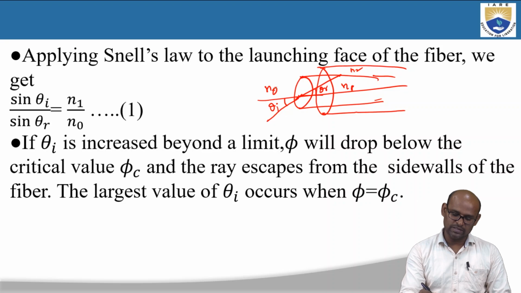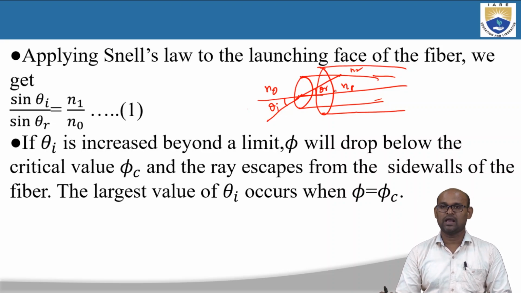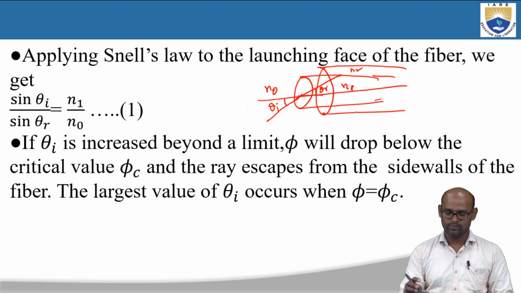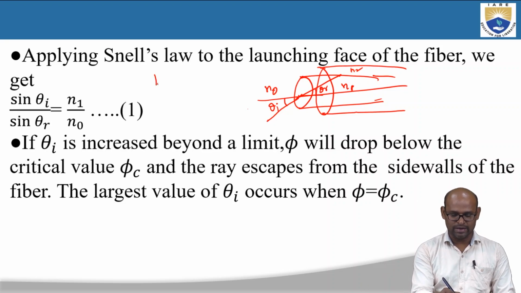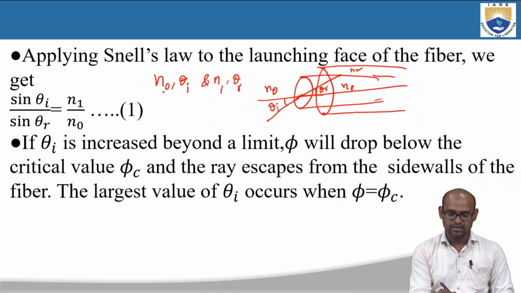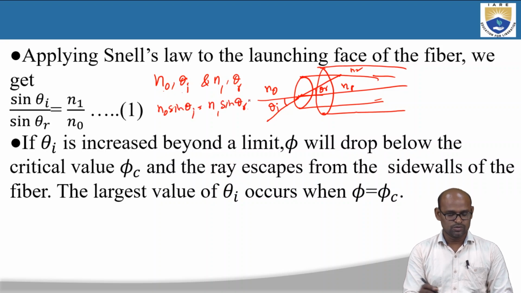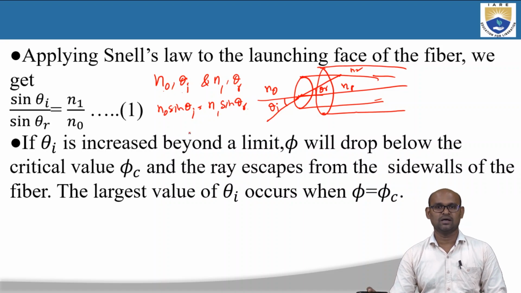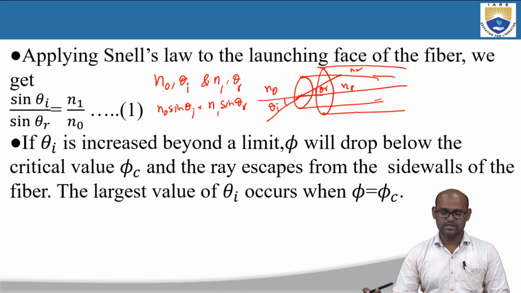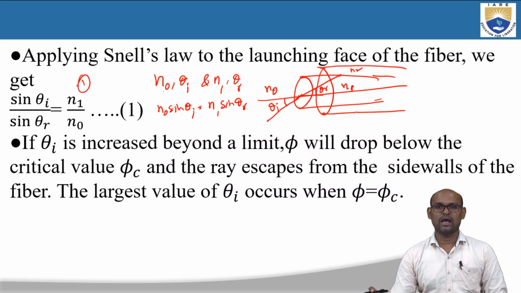Okay, so we are going to apply Snell's law to the launching zone n0 and the core n1 with an angle of refraction theta R. Applying Snell's law with n0 at an angle of incidence theta I and n1 at an angle of refraction theta R, we can write: n0 sin theta I must be equal to n1 sin theta R. So that means n1 by n0 is equal to sin theta I by sin theta R. Okay, so we have applied Snell's law first to the launching zone and core.